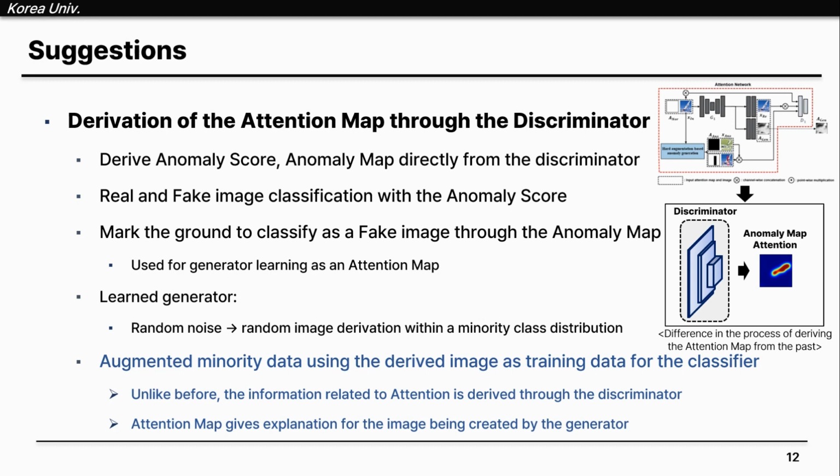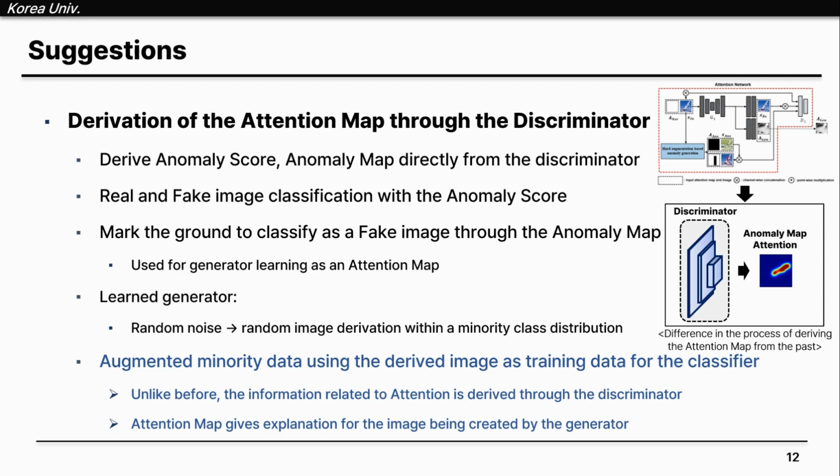It is possible to classify the real image and the fake image through the anomaly score. At this time, the real image is a normally generated minority class image and the fake image is a minority class image that has not been well generated.